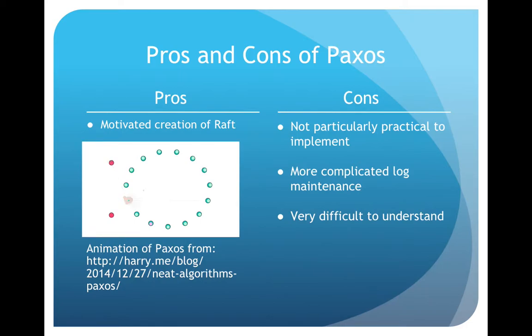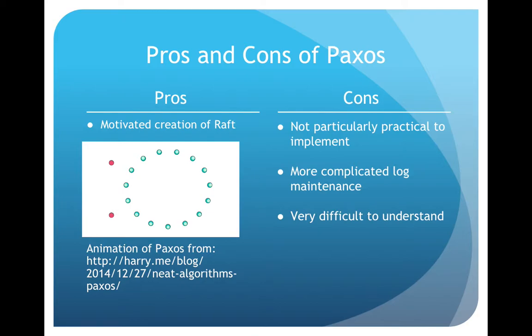Paxos is important mainly because of its historical relevance. First published in 1988, it was the first such algorithm to offer a proof of safety, aka correctness, for the niche of distributed fault-tolerant systems. A major motivation for the creation of the Raft consensus algorithm is that Paxos is very hard to conceptualize and implement.